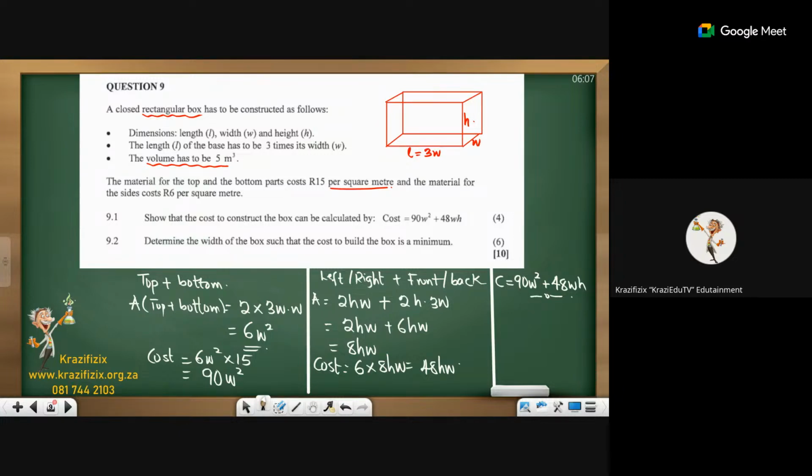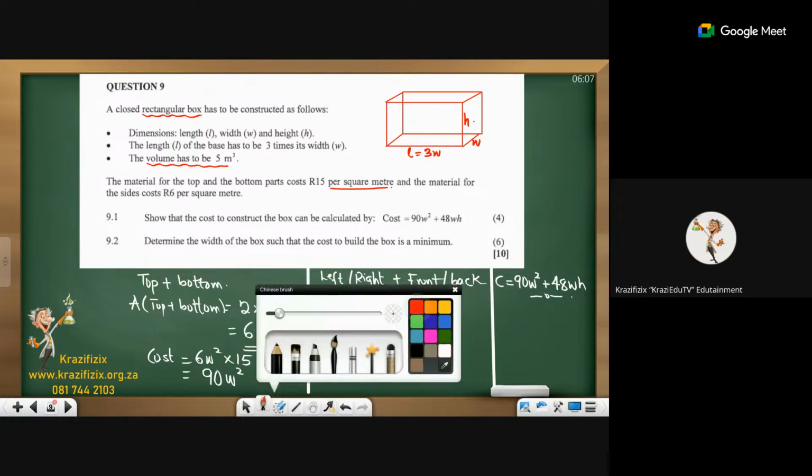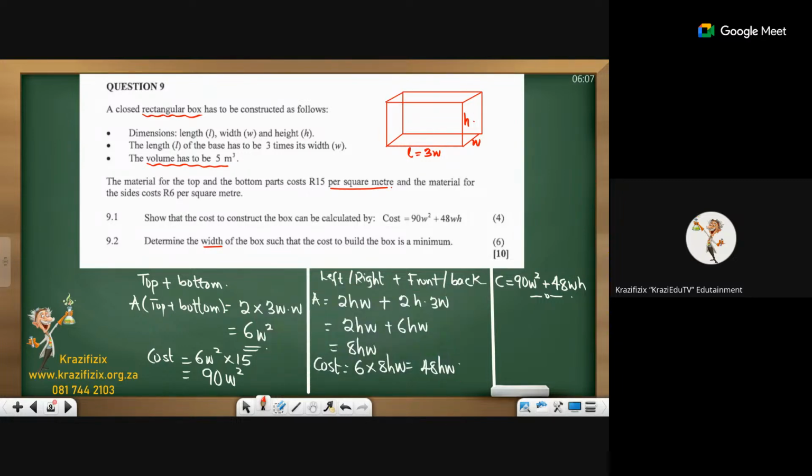Guys, it's about knowing your 2D and your 3D formulas. Determine the width of the box such that the cost to build this box, again, what are we looking for? We are looking for the width, but the cost must be a minimum. Right.